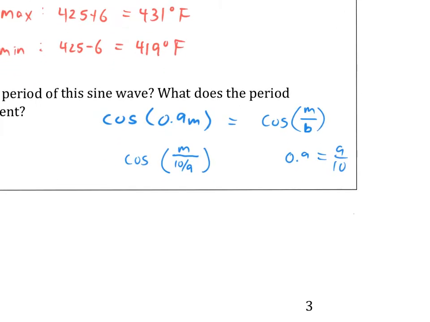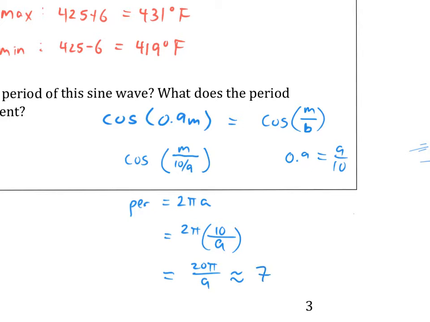Now, of course, this hasn't found me the period, because remember what the period is. The period is 2 pi times A. So 2 pi times 10 divided by 9. So the exact period is 20 pi over 9, but now we can approximate that value.